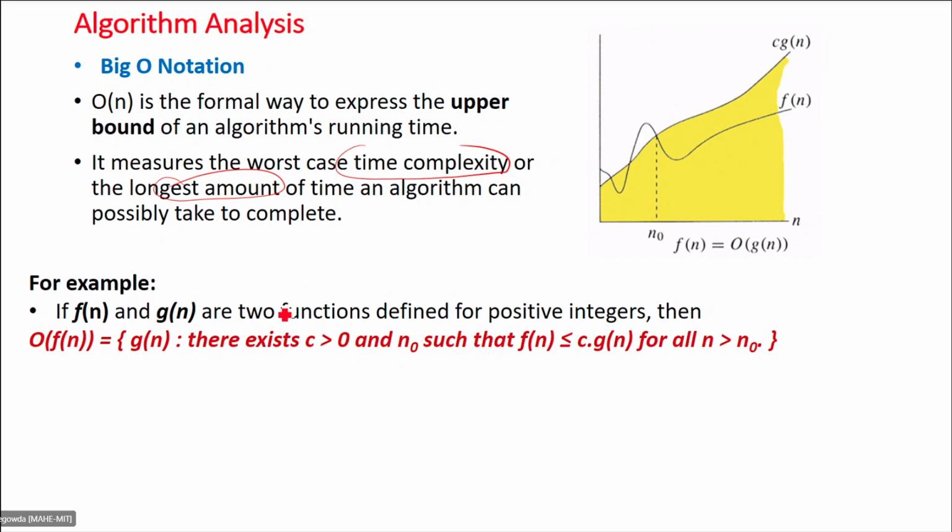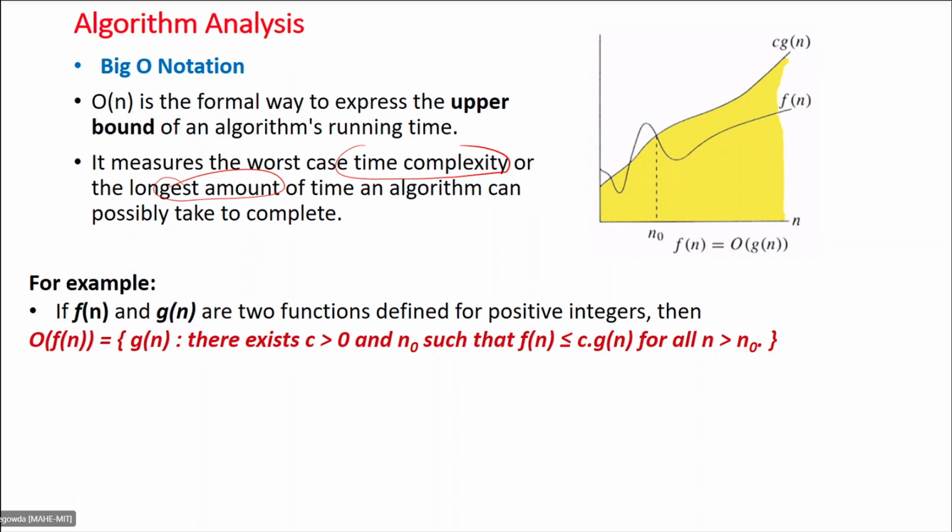It provides an upper bound on a function, which ensures that the function never grows faster than that upper bound. This is the formal way to express the upper bound of an algorithm.